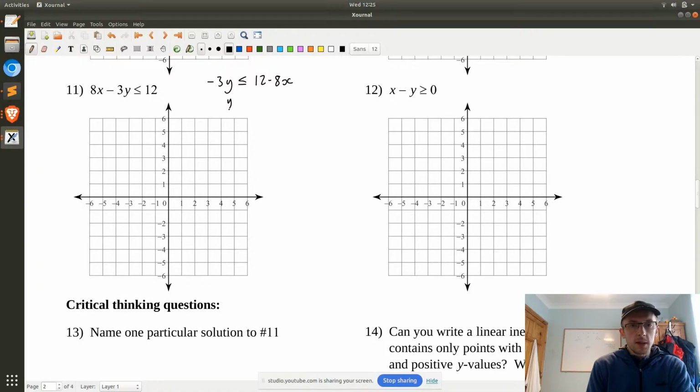Divide all by negative 3. So 8/3 of x, take 4. What does that look like?